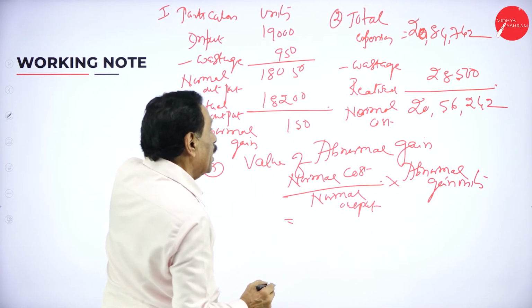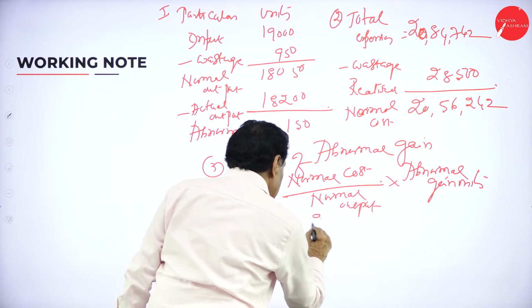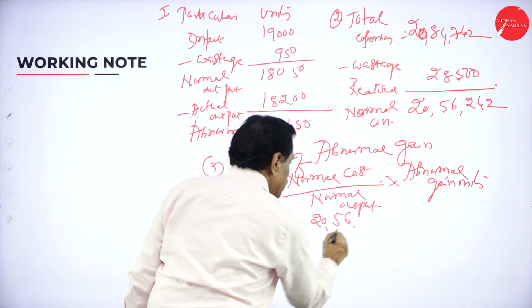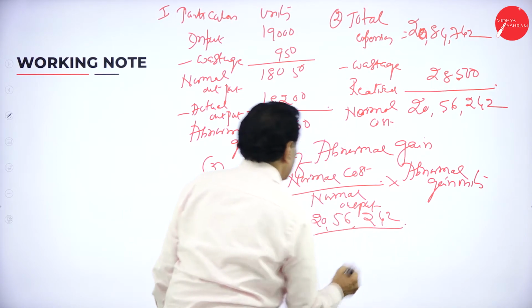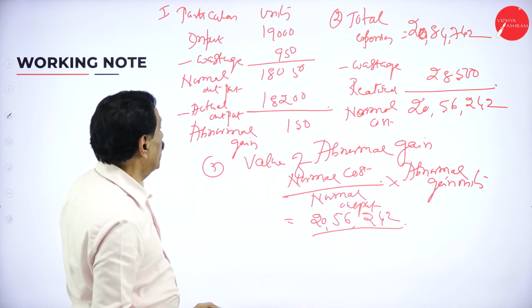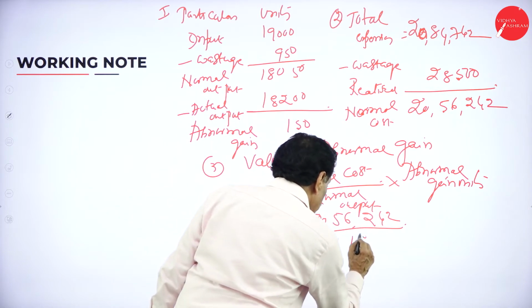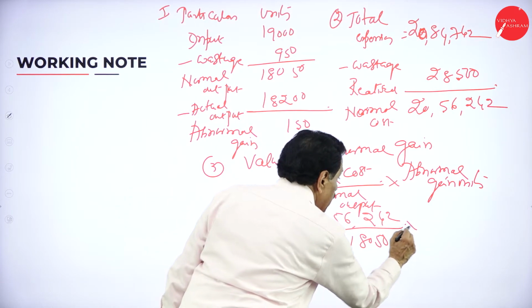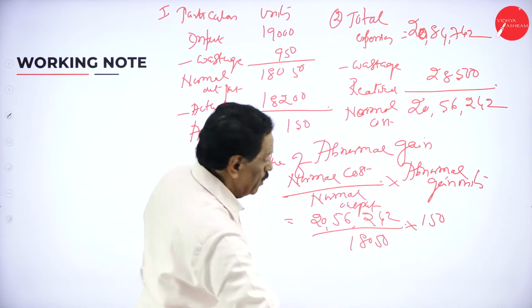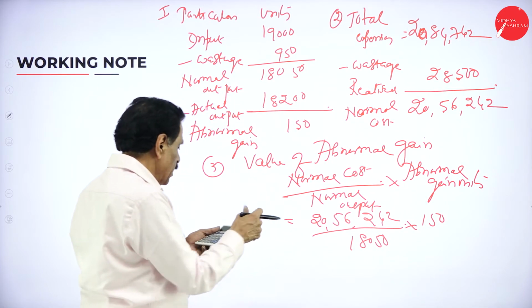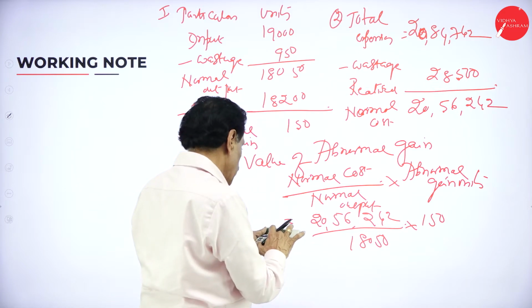What's your normal cost? 20 lakh 56,242 divided by normal output 18,050 into 150 is the gain.